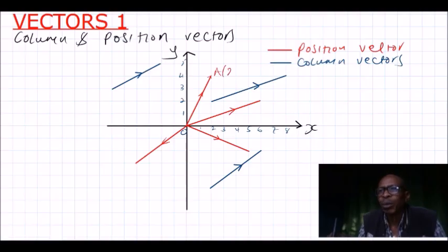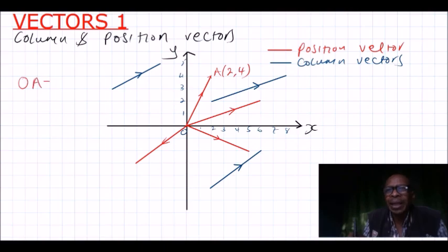So the position vector OA is equal to, we write the coordinates in column form, 2, 4.